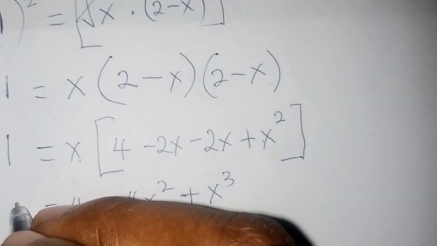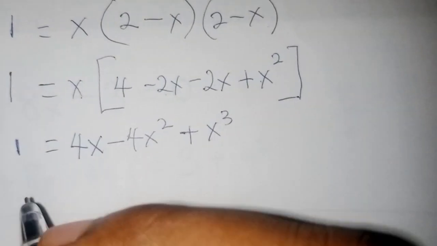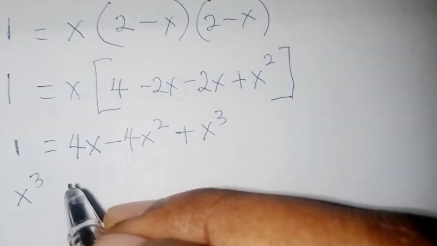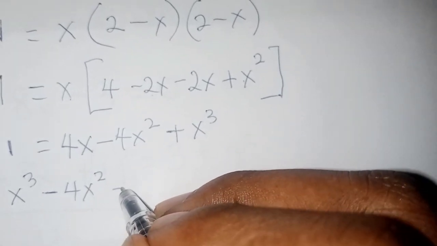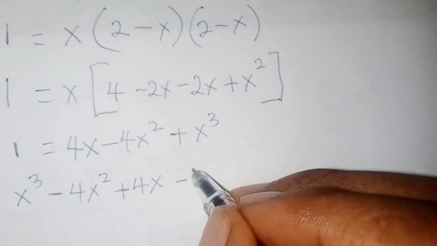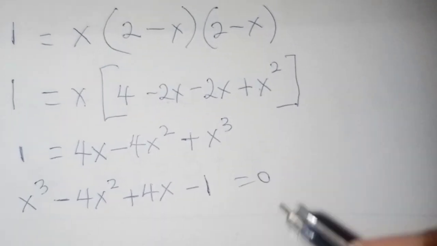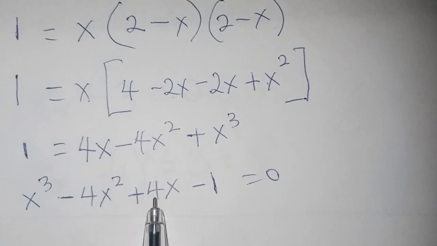You get that? Remember our 1. So we're going to move this one again and make everything look the way it ought to be. x cubed minus 4x squared plus 4x minus 1 equals 0. So that is it. This is how it looks.